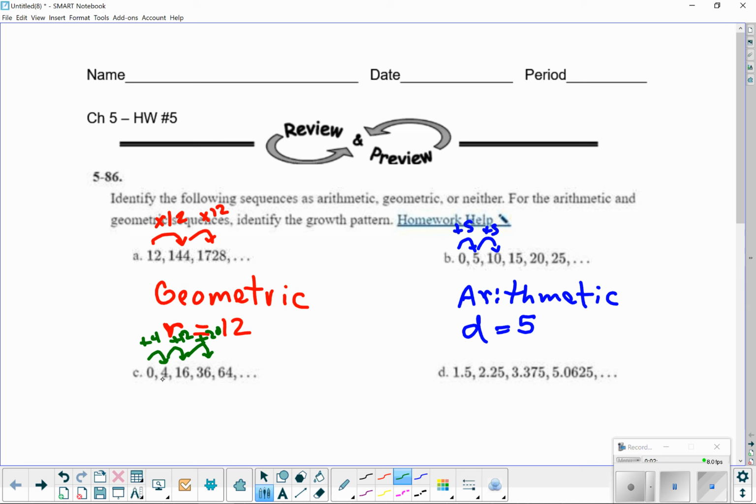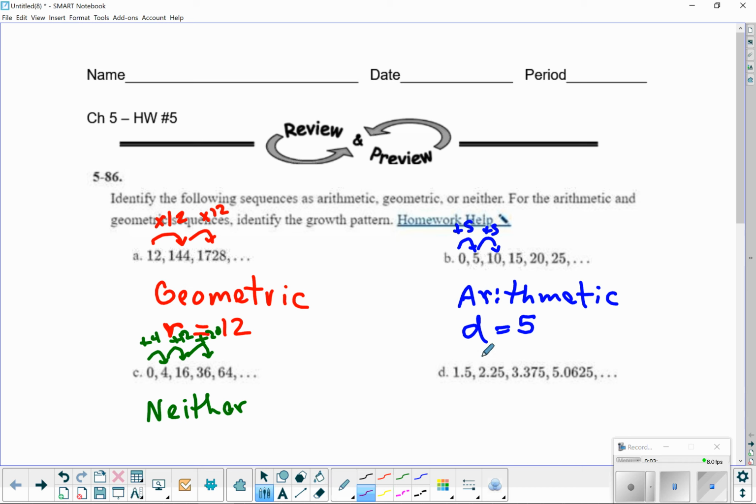So this one's going to be adding different amounts. And there looks to be a pattern from 4 to 12 to 20. But it's not the same thing that we're adding. So this one, we will say that this one is neither. Because it's neither, we don't do an R, or we don't do a D.